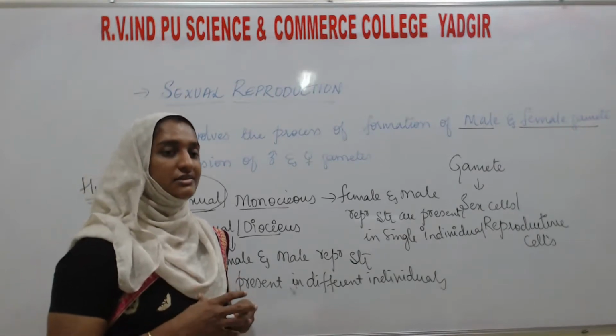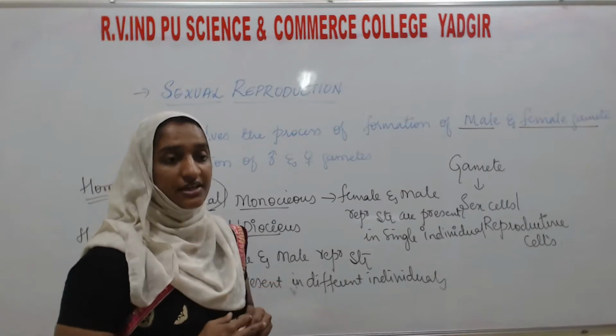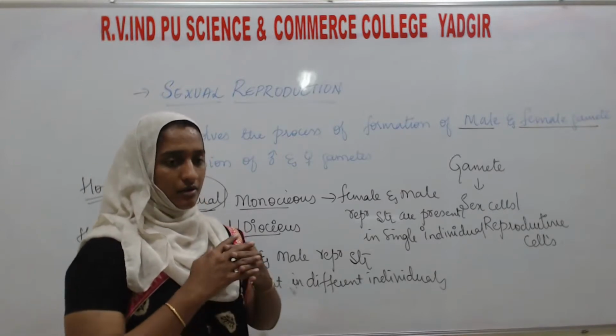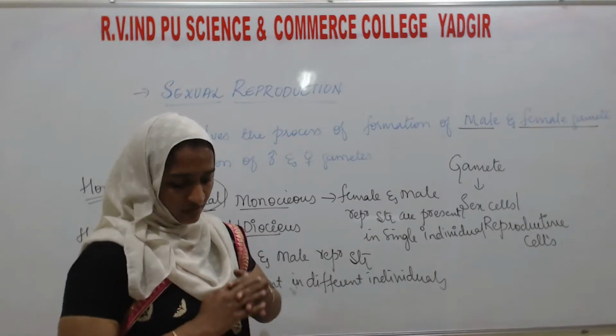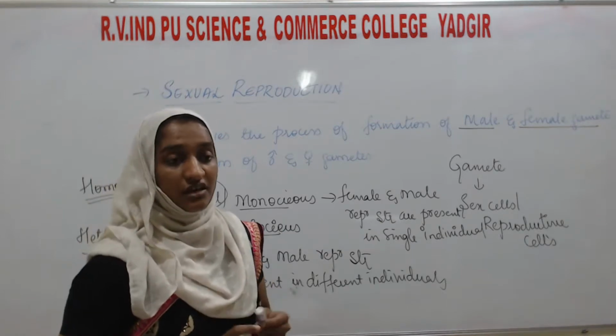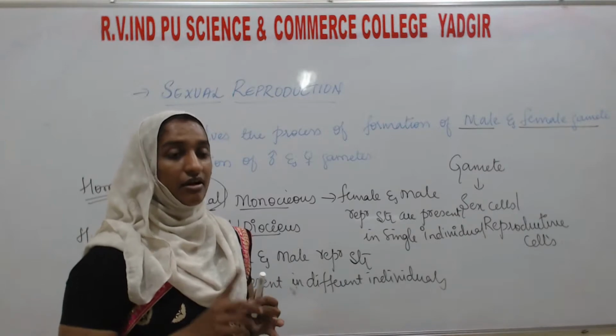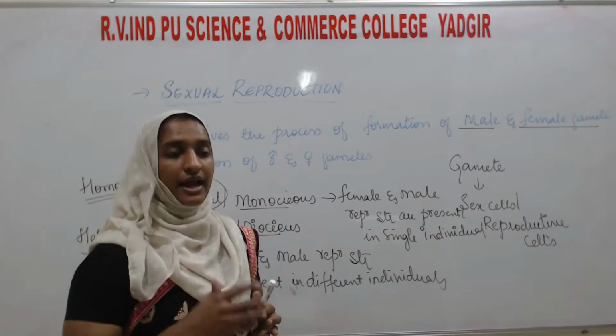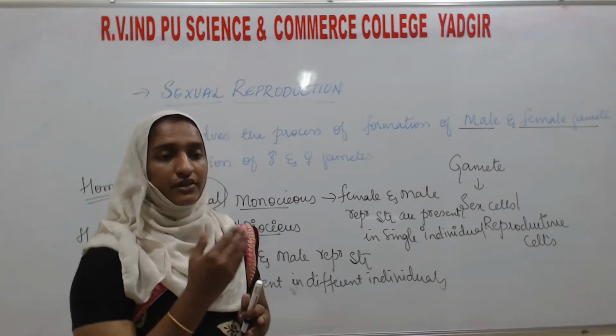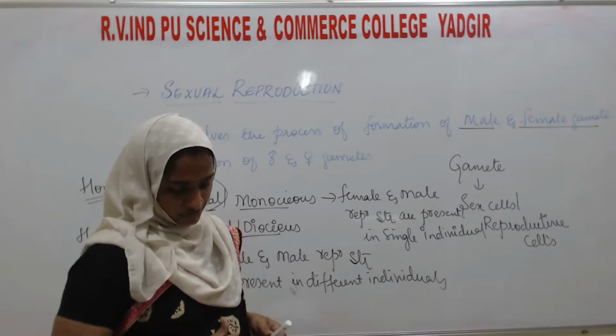For what reason is there this variety in reproduction? That is due to external morphological and physiological characters. According to their body organization, they have developed or modified for that particular method of reproduction.